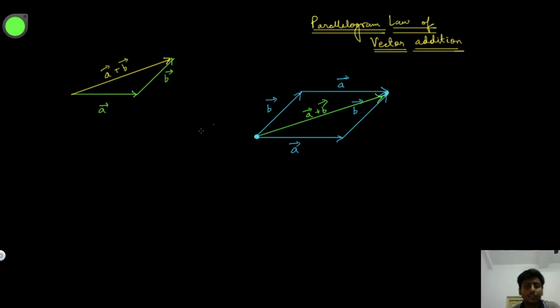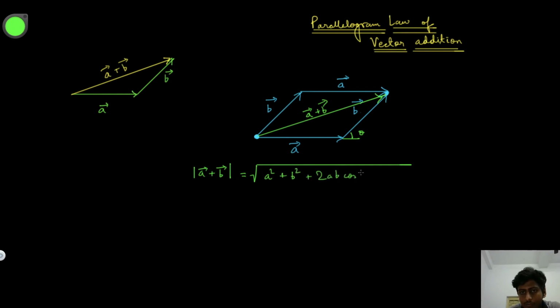So the formula of the magnitude would still remain the same, because you see indirectly we have still applied the triangle law, right? So say this angle was theta. The magnitude of the addition of these two vectors would turn out to be square root of a square plus b square plus 2ab cos theta.